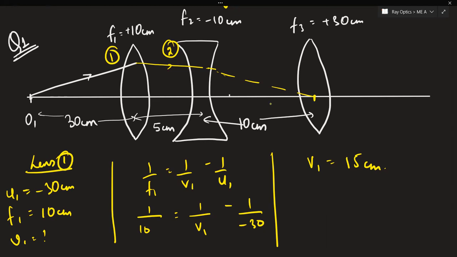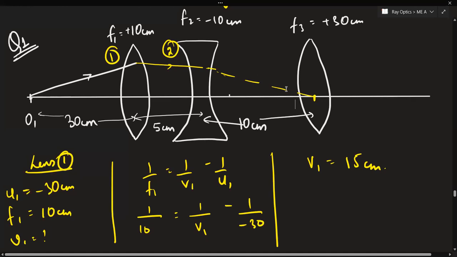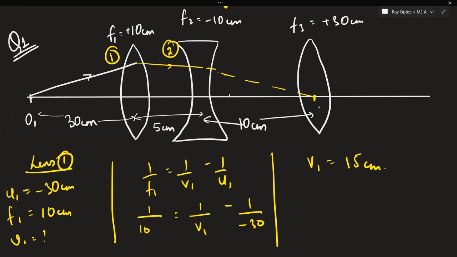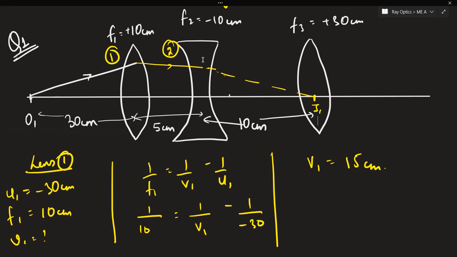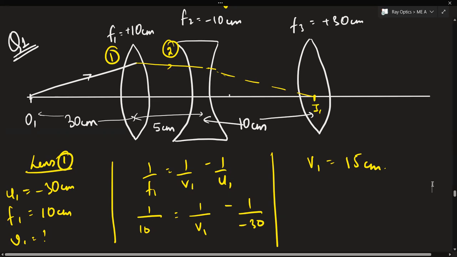So this is located. Now see, remember we did this type of object and then images. Now this intermediate image that is formed here will act as the virtual object for the second lens. Remember I told you when we use a combination of lenses, then you get the concept of virtual object better. Now consider lens 2.